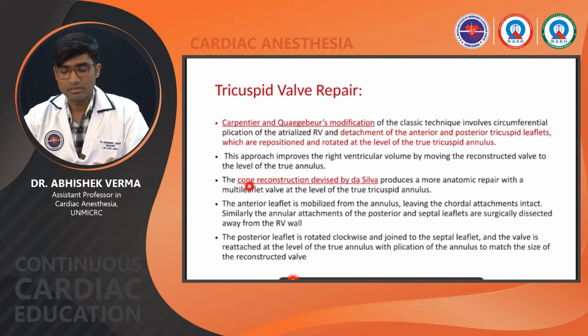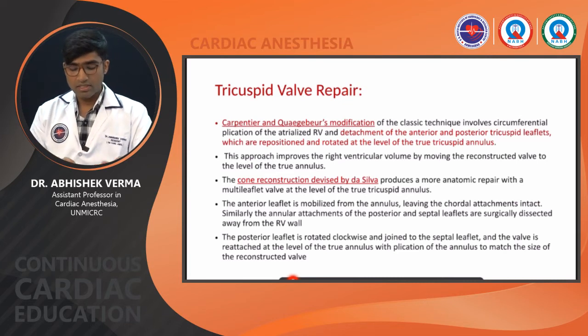Lastly, and the most accepted, is the cone reconstruction devised by da Silva. They have a more anatomic repair approach with a multi-leaflet valve at the level of the true tricuspid annulus. We will see this procedure in a diagram, then we can understand it much better.